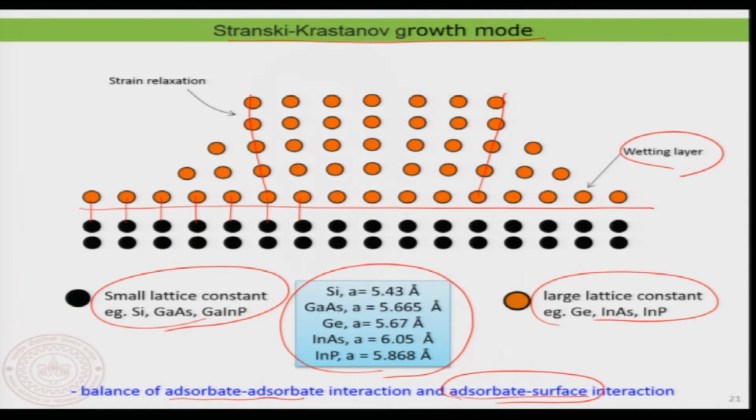And you can play with this table, and using this table you can create different types of layers, and the moment you take this lattice mismatch to be the lowest, then you would always form the layer by layer, and if you have the strongest misfit, then everything is going to be controlled by either the adsorbate interaction or the adsorbate surface interaction, or both together. And that is how we get these three modes of growth, and that is something very useful in understanding generally the multi-layer formation in adlayers or in general thin films.